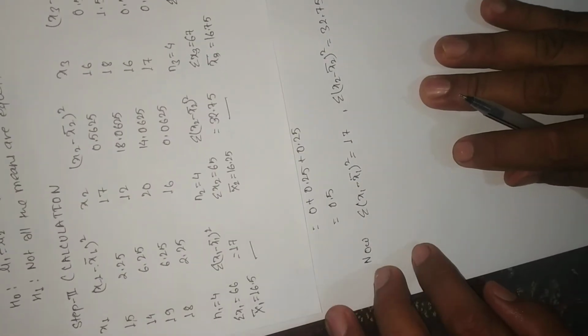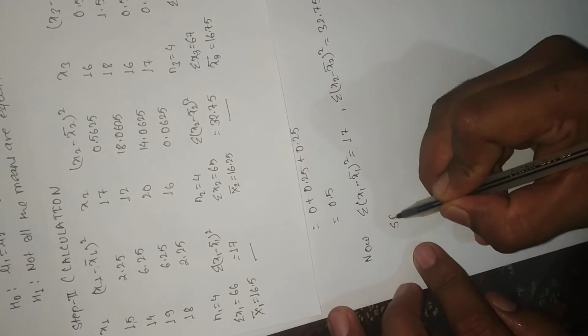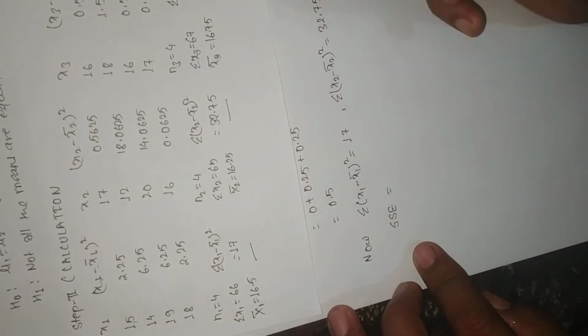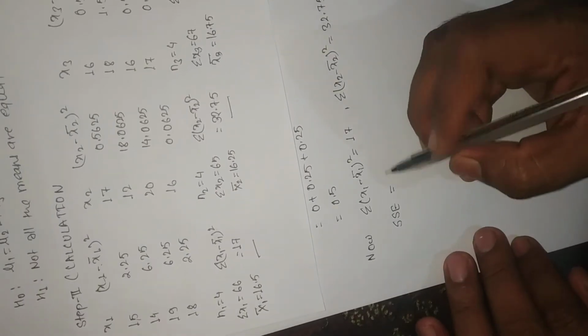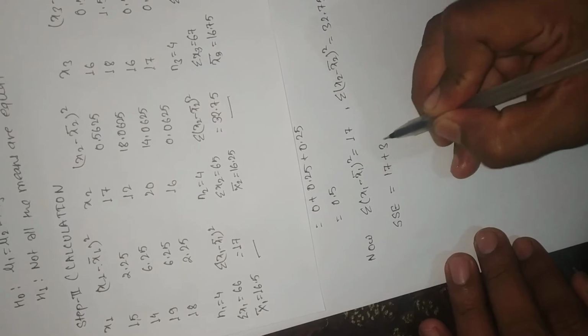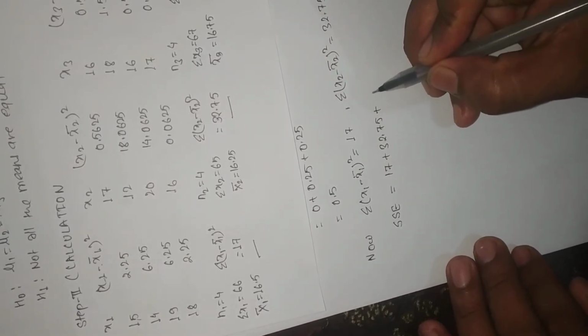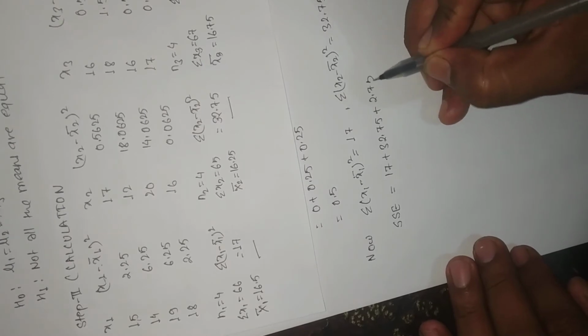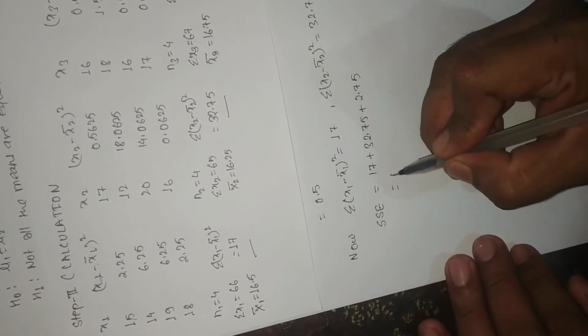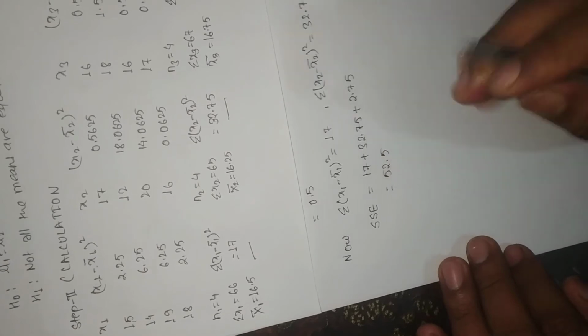Now we have to find SSE. That is the sum of all three, 17 plus 32.75 plus 2.75, and the value will be 52.5.